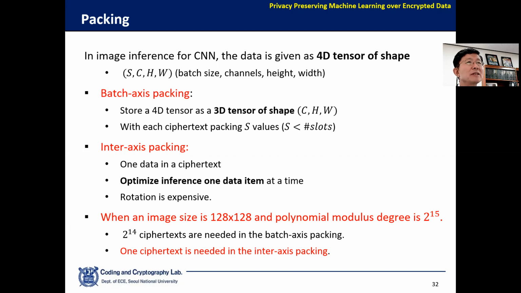So rotation is expensive. When the image size is 128 by 128 and the polynomial modulus degree is 2^15, then 2^14 ciphertexts are needed in batch axis packing. But only one ciphertext is needed in inter-axis packing.